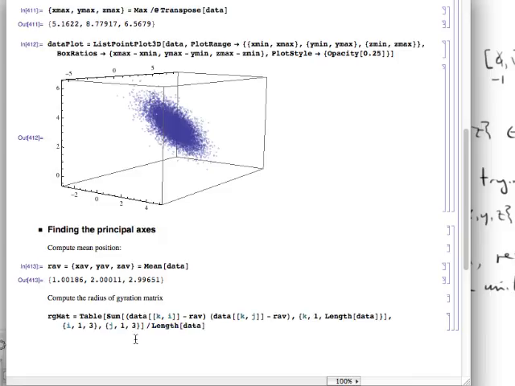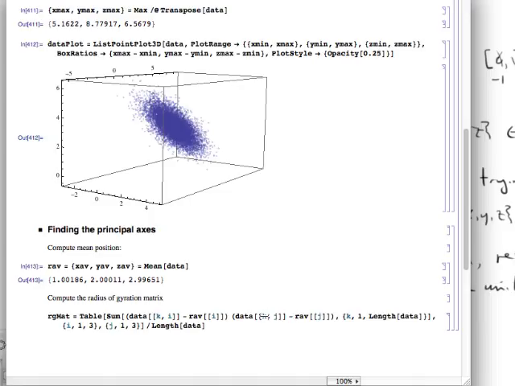Okay, so i and j here are the alpha and the beta of the matrix, and so this is the ith component of the kth data point, and then minus the ith component of the average position. And then this is the same data point, but the jth component of it minus the jth component of the average position.